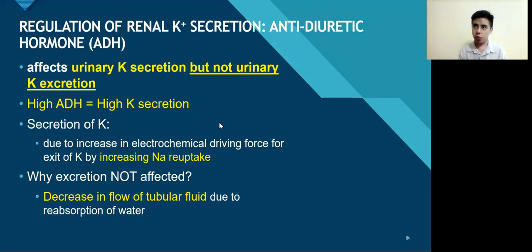So if I reabsorb water, will there be enough fluid in the tubules? Probably not. What is in your tubular lumen becomes hyper-concentrated because you reabsorbed water. So there will be less tubular fluid, resulting in less urine output. This decrease in tubular fluid will cause something, which is on the next slide.